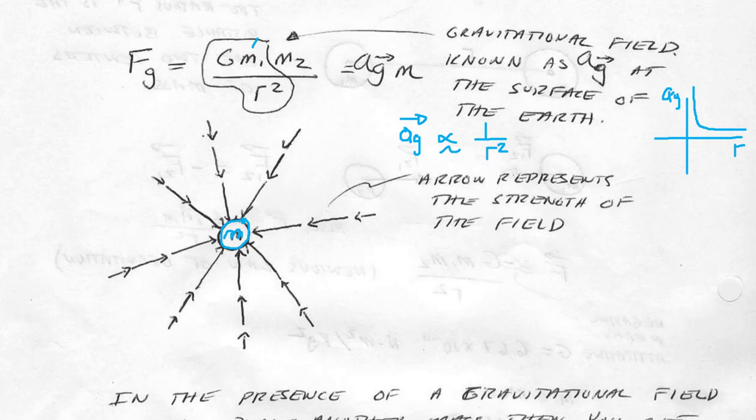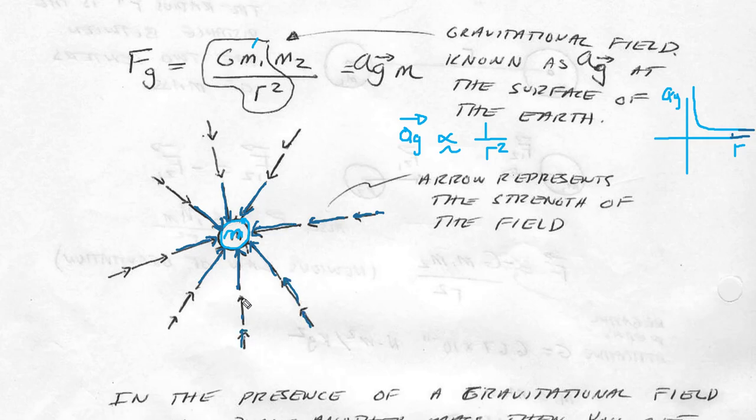Well, if I represented this by arrows, like if I drew my field with arrows, I guess we'll use dark blue here, as I'm closer to this object, those arrows, which represent the strength of the field, should be larger because the field is larger. Remember that as I'm closer to that object, the field is high. And then as I get away, the field starts to drop off very quickly. You see that right there? Drops off very quickly, asymptotically, right?